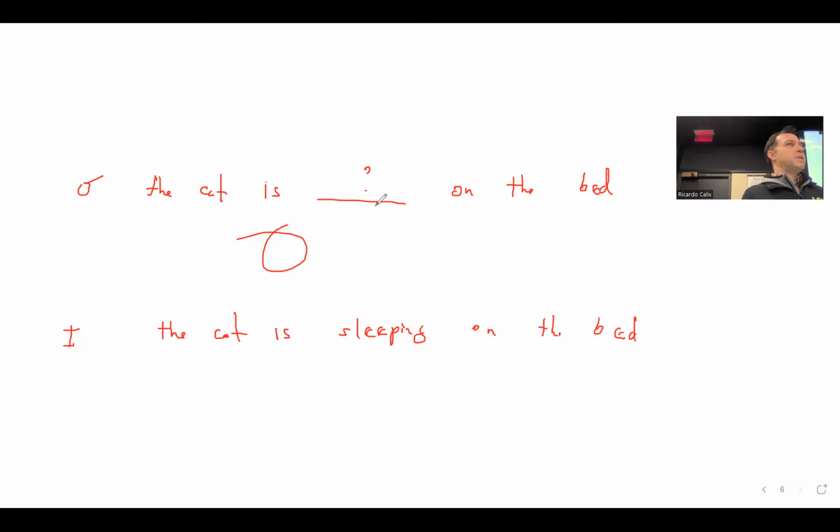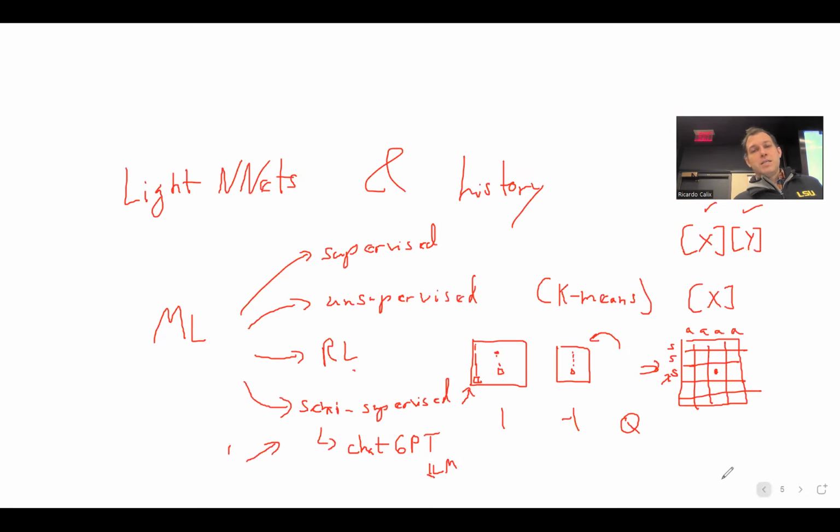It's got blanks. And so it's basically doing fill in the blank. Any questions on that idea? All right, so that is semi-supervised. So in semi-supervised, we do have X and Y, but they're easy to get, like in text, for instance. All right, so anyway, that's the classification of neural networks.